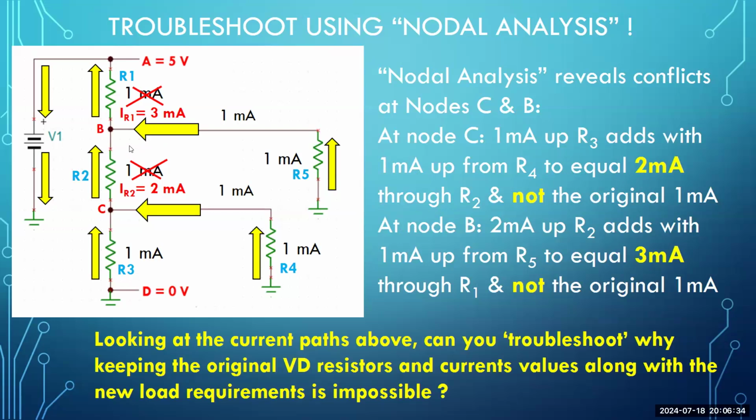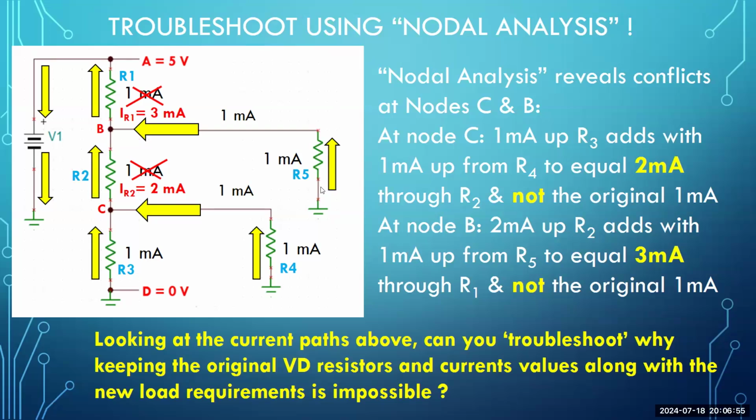So at node B, check this out. Take a look at our inbound and outbound currents. We have an inbound current coming up through R2. It's a new value. It's now 2 milliamps, not 1. It's coming up through R2 going into node B. So this is an inbound 2 milliamps.